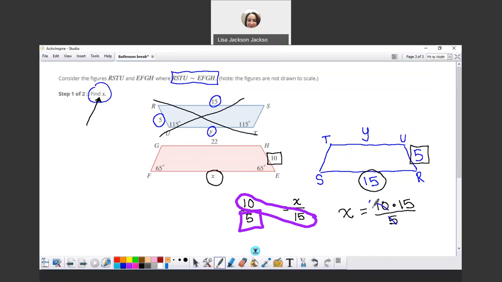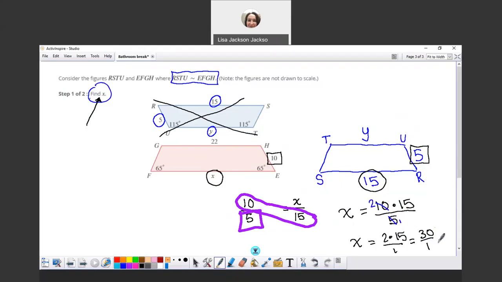5 goes into 10 twice, only because I chose to divide it into the 10 as opposed to the 50. 5 goes into itself once. So now I have x is equal to 2 times 15 divided by 1. Well, 2 times 15 is 30 divided by 1.